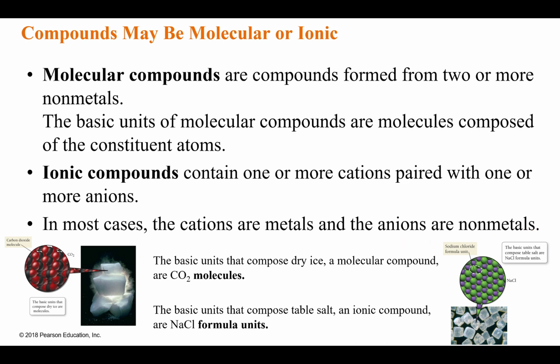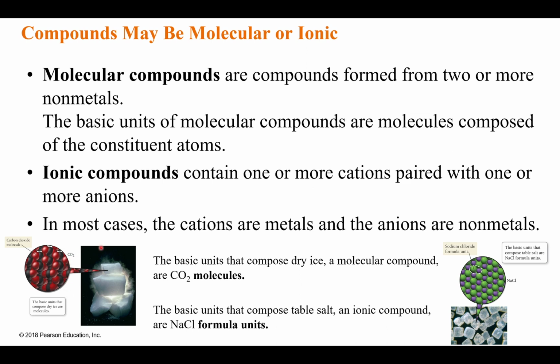If we look at some examples, a molecular compound such as carbon dioxide, if you lower its temperature low enough, will form dry ice. So the basic molecule for it is CO2. Whereas table salt, NaCl, is made out of the cation sodium and the anion chloride. It has a formula unit rather than a molecule.